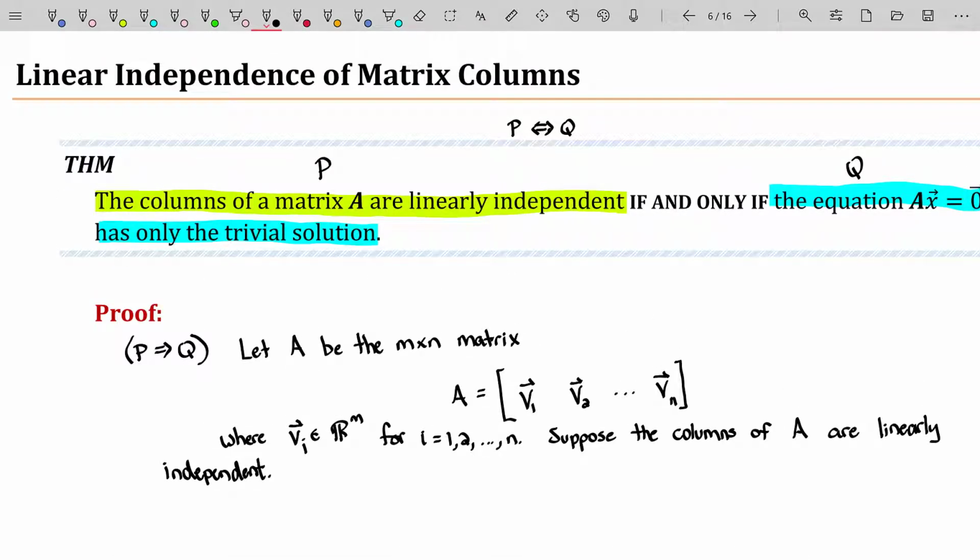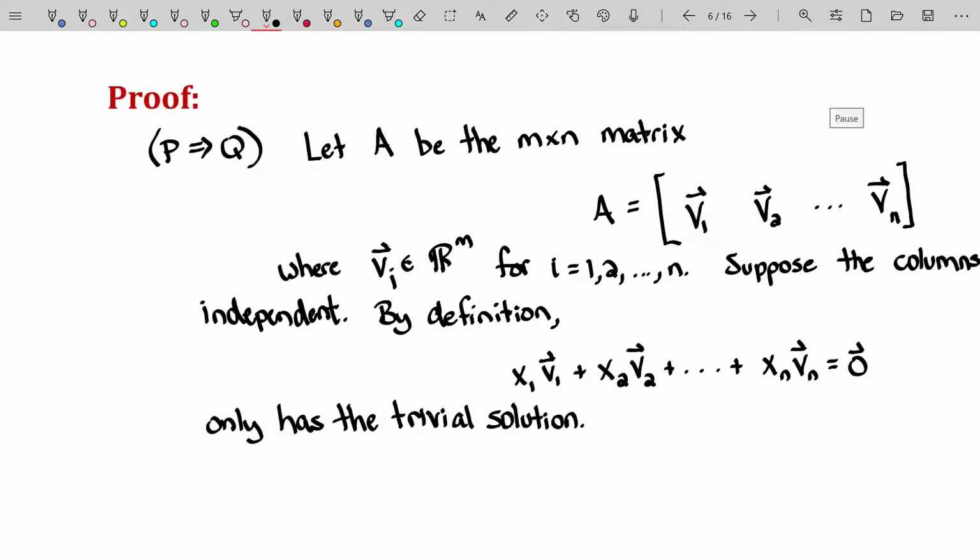Now we start with the statement P. We're going to suppose the columns of A are linearly independent. Well then, by definition, any linear combination of the column vectors of A set to equal 0 only has the trivial solution. That is, by definition, x sub 1 v sub 1 plus x sub 2 v sub 2 all the way up to adding x sub n v sub n equaling 0, that vector equation only has the trivial solution.